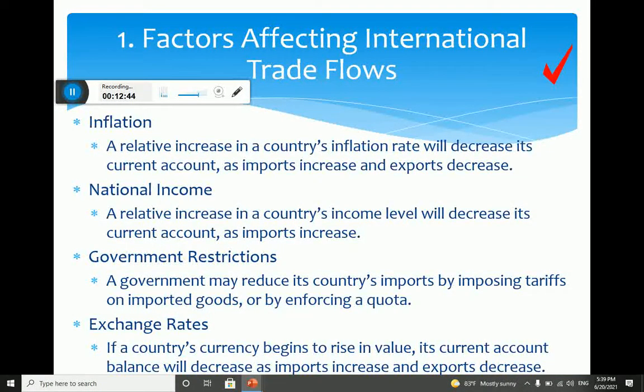It's not the international currency which devalues or gains value. It's your local currency which gains value or loses value, and for that there are various factors, right?